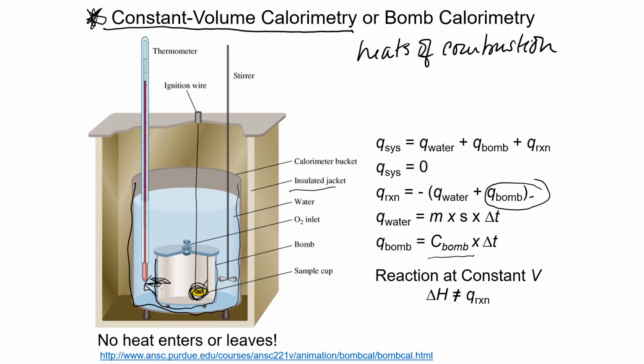So remember, delta H equals Q of the reaction at constant pressure, but pressure is not constant in bomb calorimetry, so delta H does not equal Q of the reaction. It may approximate it, but it does not equal it. So that's all you need to know about bomb calorimetry or constant volume calorimetry. It's used for heats of combustion. Pressure is not constant, but volume is. And we're going to move on to thermochemical equations.